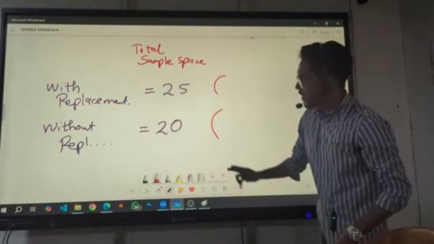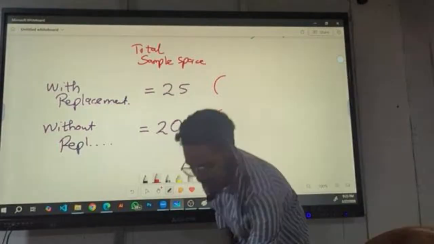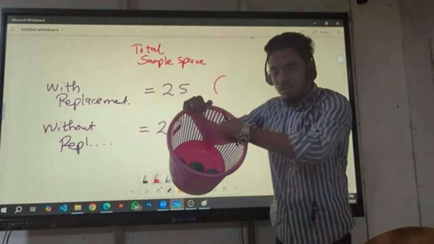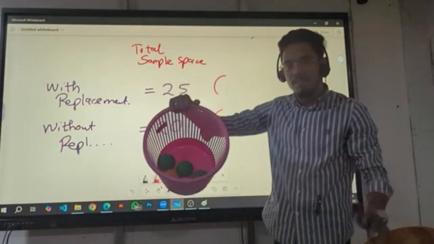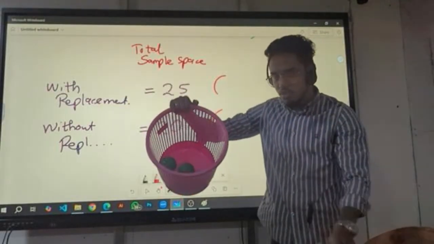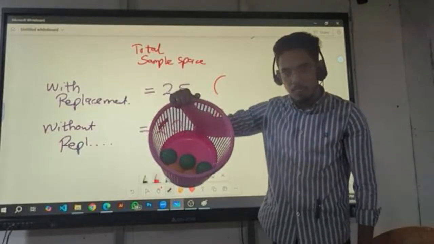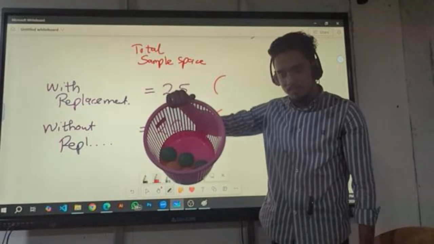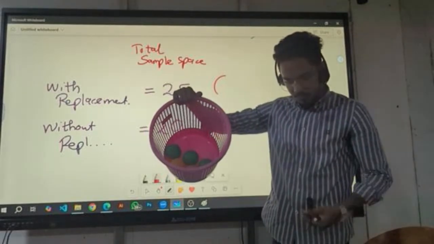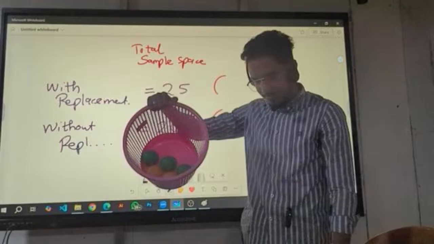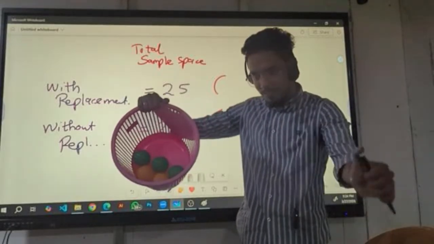First we'll see the with replacement case. I'm going to pick a ball. Out of these balls, how many options do I have for the first row? How many balls do we have? I need quick replies, please. There we go. There are 5 balls.